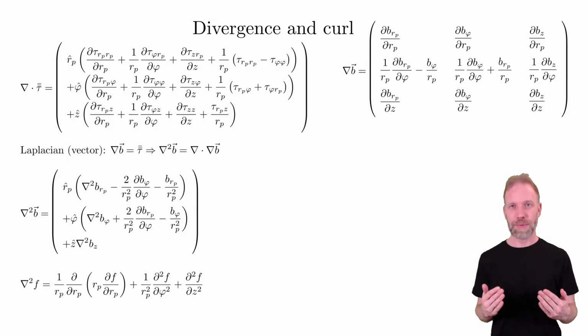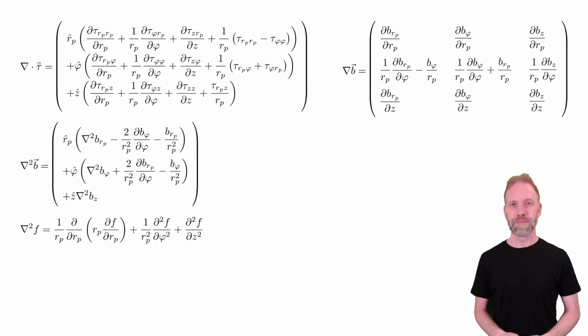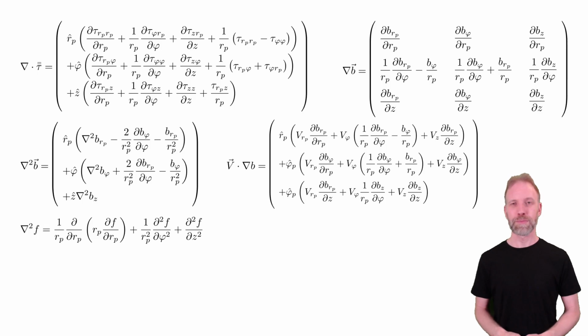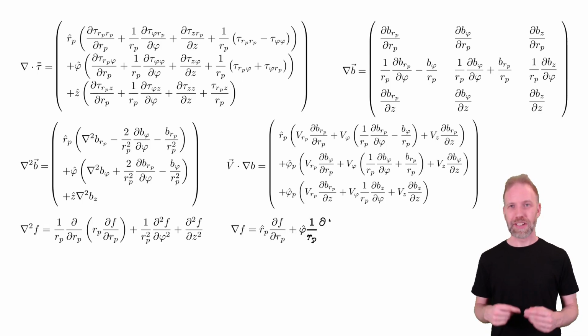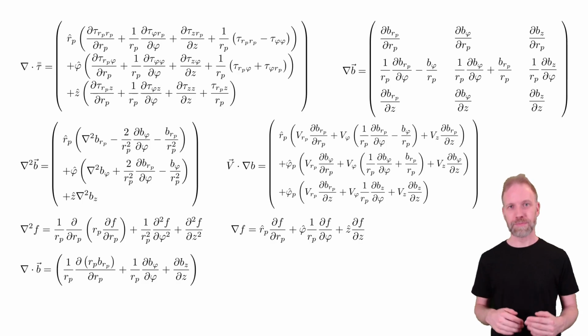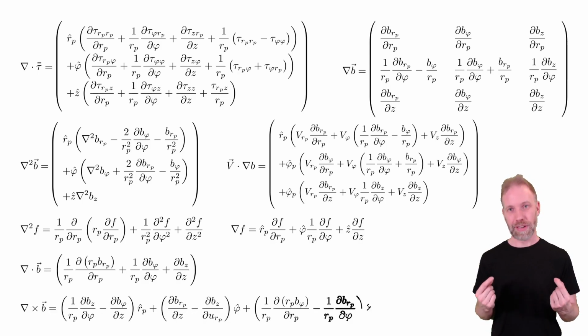Let's end with a summary of all our expressions. We had expressions for the directional derivative. We had the gradient of a scalar. We had the divergence of a vector. And we had the curl of a vector.